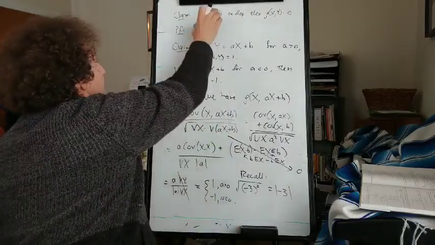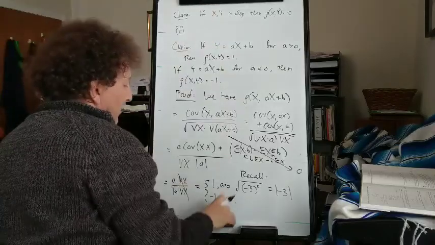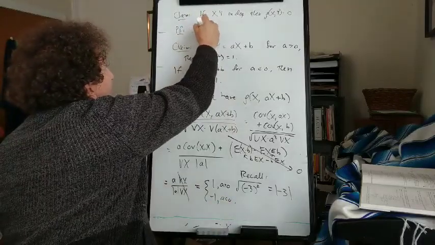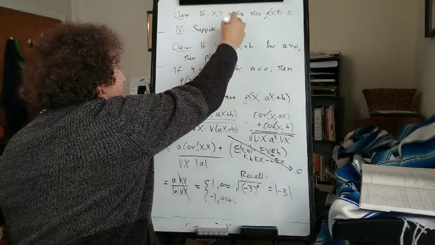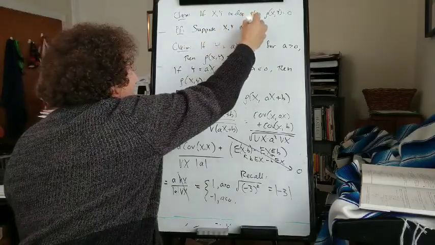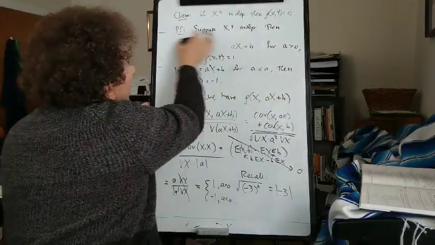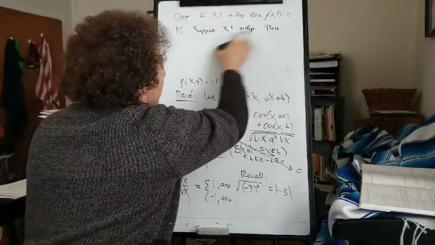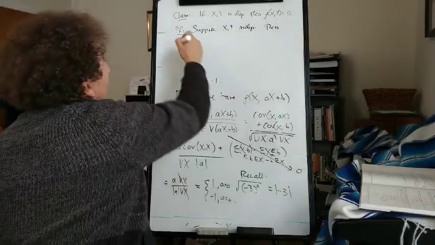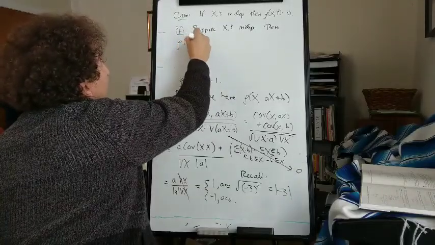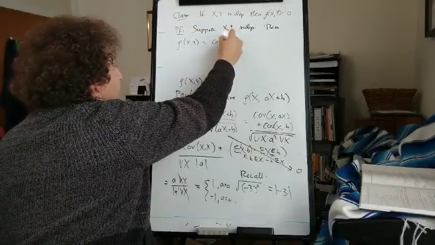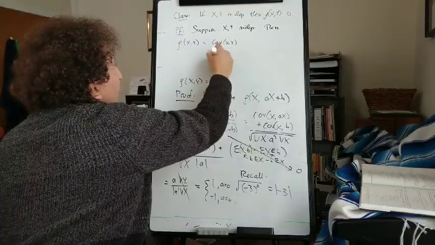So, let's suppose x and y are independent. Then the correlation of x and y is the covariance of x and y over the square root of the variances.